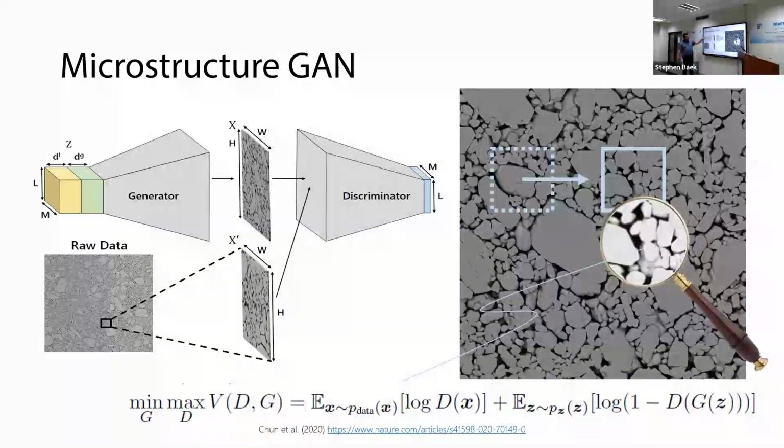Z_G determines the global morphology of the microstructure, whereas Z_L determines the local variation, the stochasticity locally. For example, Z_G will determine things like the porosity of the overall microstructure. But even for microstructures with the same porosity, the individual details can vary. Those varying details are captured by the local stochasticity parameter Z_L.